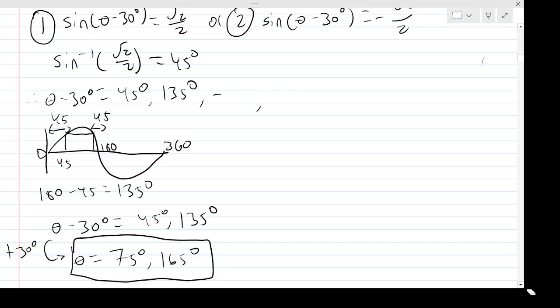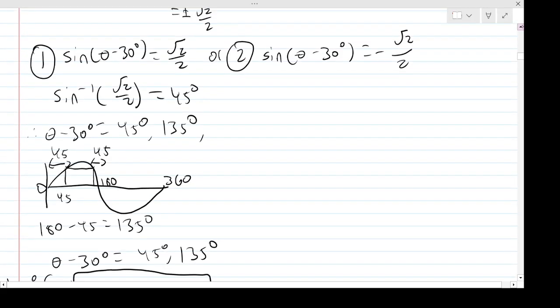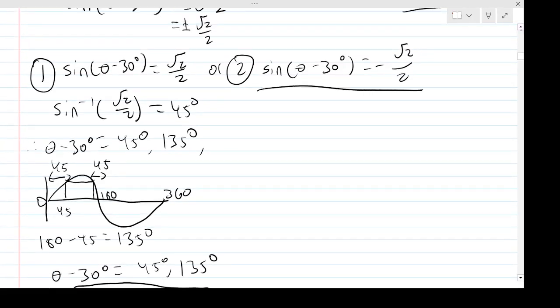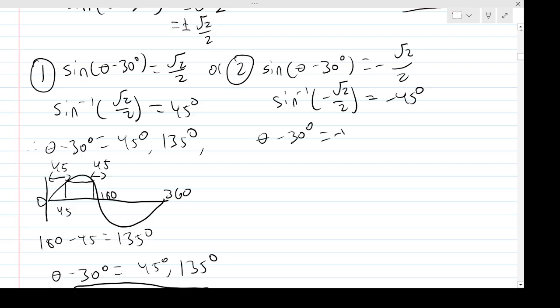So if I get rid of that, we then need to solve this equation up here, the second one: sine of theta minus 30 is minus root 2 over 2. So again, let's do inverse sine of minus root 2 over 2. We would get minus 45. So theta minus 30 could be minus 45.